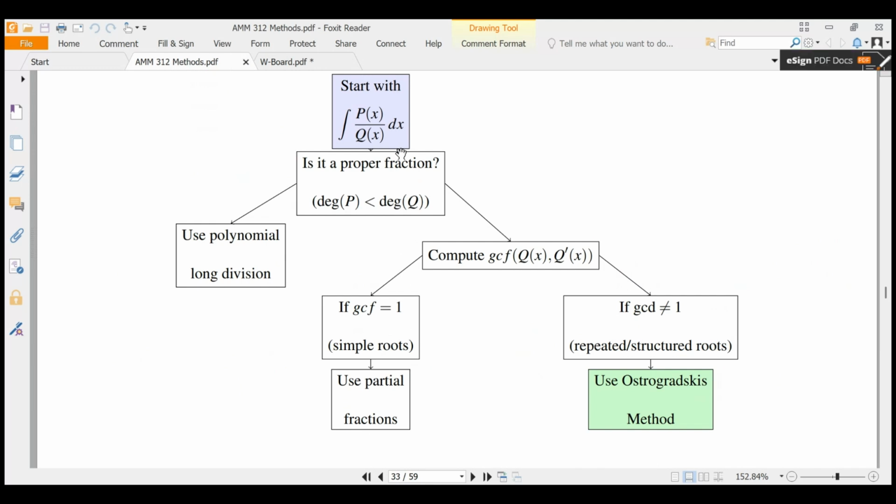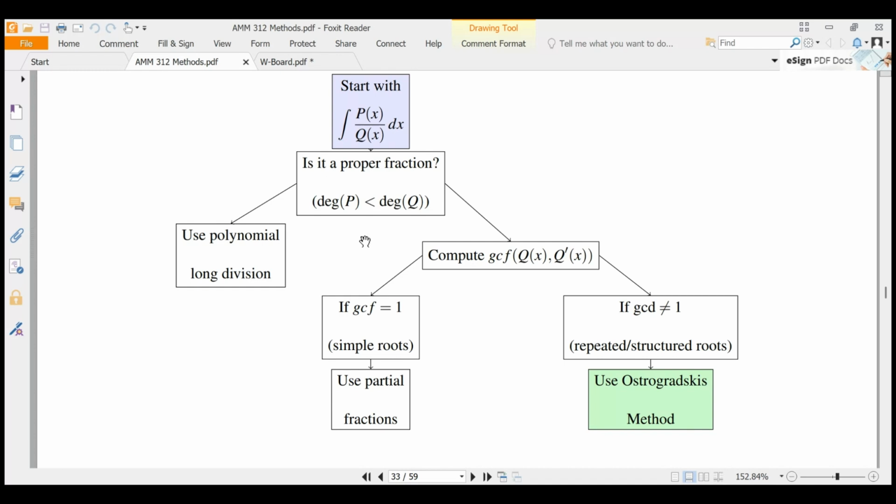So the method normally is applied when we have the integral of p of x divided by q of x. And this is how we check when to use the method. We check, is p of x divided by q of x a proper fraction? That is, is the degree of p less than that of q? If that condition is not satisfied, then we use polynomial division.